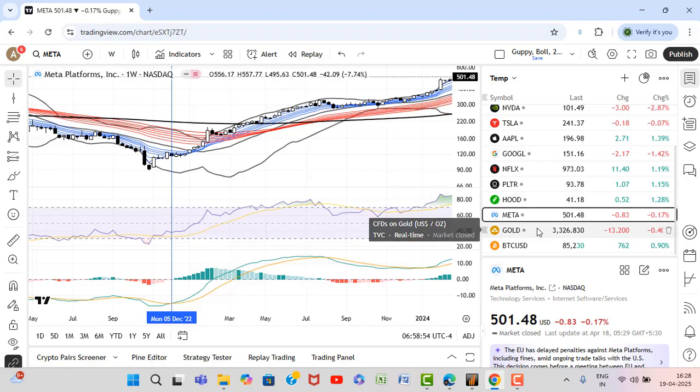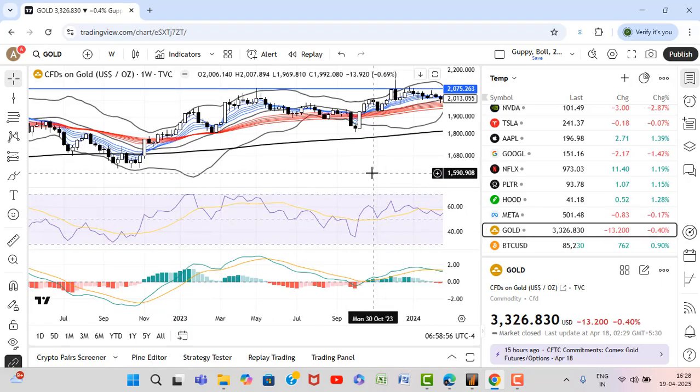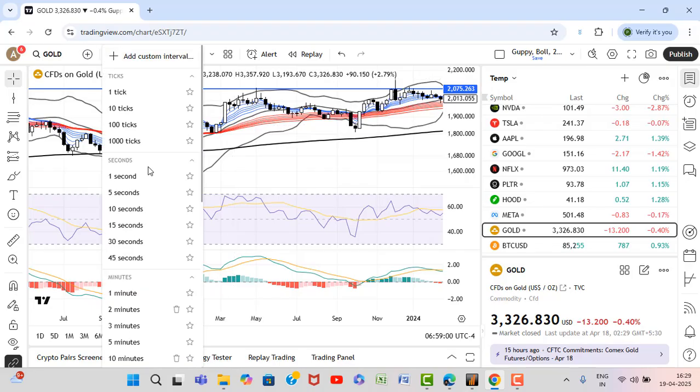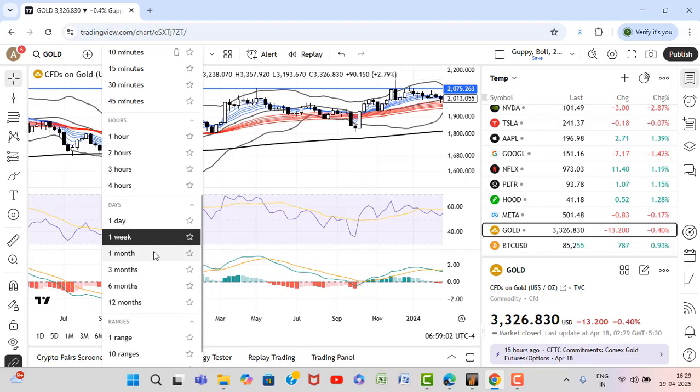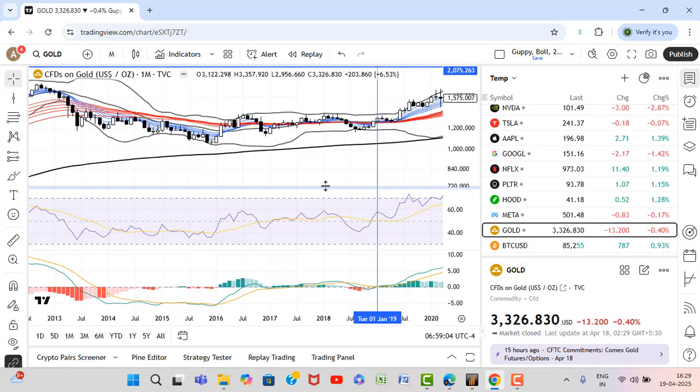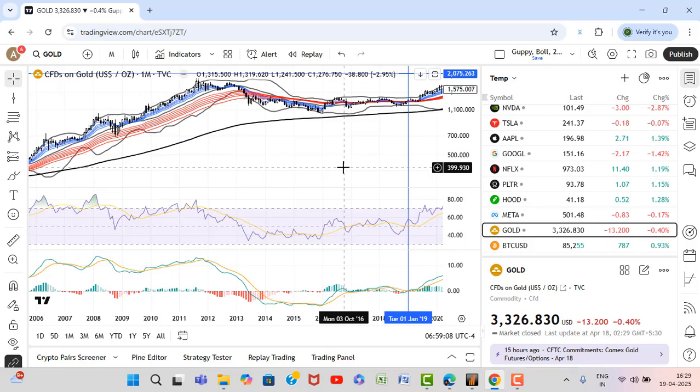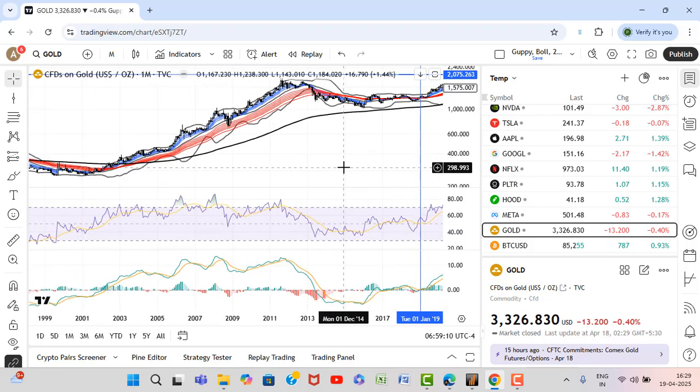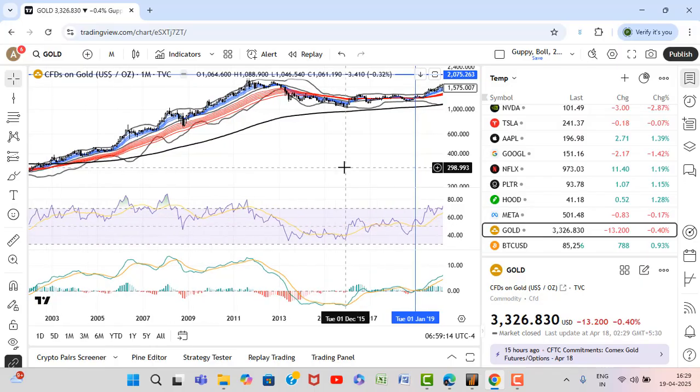Gold monthlies. Let us see some monthly action in gold. March 2023, sideways to uptrend.